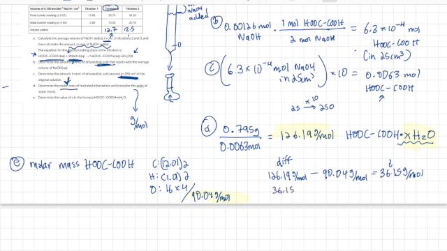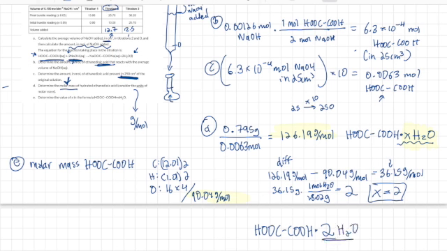Well, 36.15 grams times 1 mole of H2O over 18.02 grams, the molar mass of water, equals 2. So that means X is equal to 2. The hydrated molecule is HOOC, COOH times 2 H2O, meaning there are 2 water molecules associated with every one ethane dioic acid when it is hydrated. All right, hope that helped.